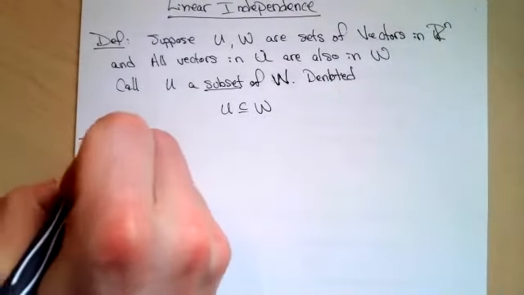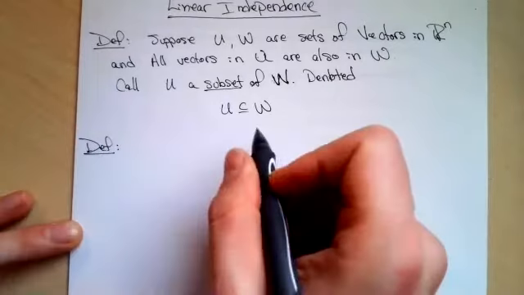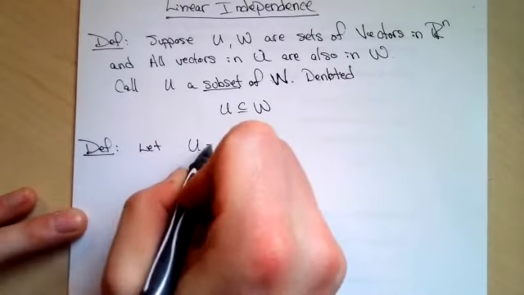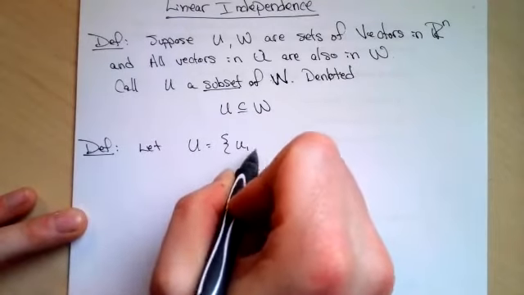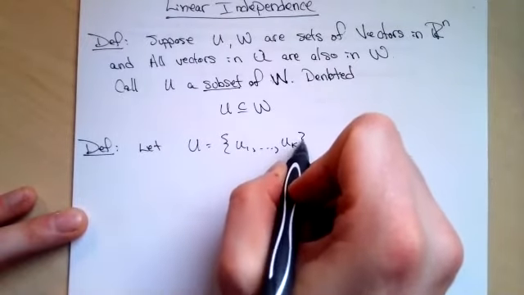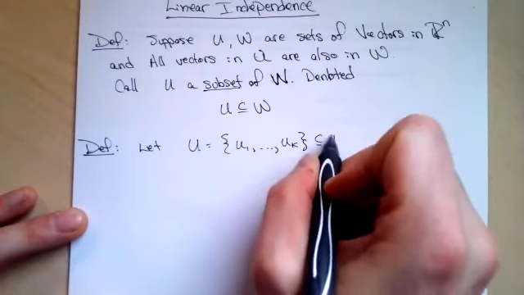So some other definitions. We let capital U be a subset of vectors in Rn.